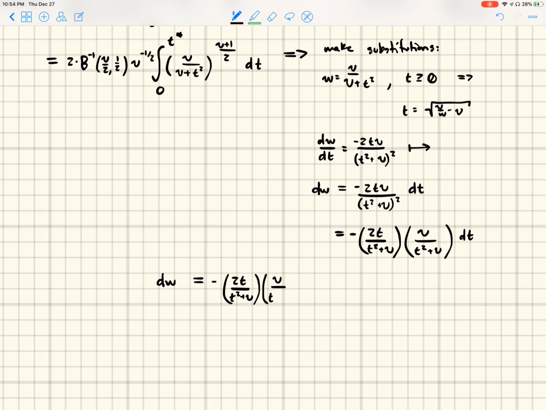We'll get t squared plus v to the negative v plus 1 over 2, and then we're just going to take the inverse of that. That's v over t squared plus v raised to the positive v plus 1 over 2, and then again we've got our v over t squared plus v dt. And this term in the middle, this product in the middle, simply equals 1.